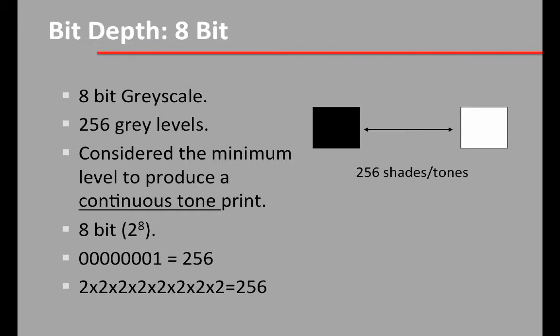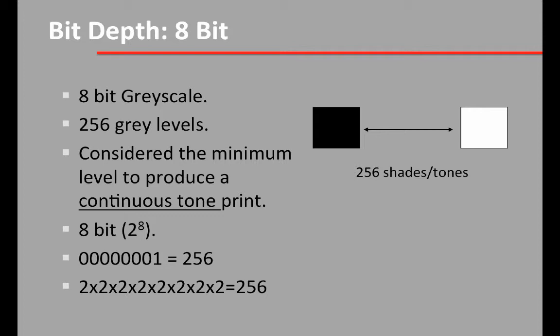Now that's because in the previous 2-bit image, we only had 4 different options. Well, now we have 8 bits of information, 8 lots of zeros and ones, and all the different combinations of 0, 0, 0, 0, 0, 0, 0, 1, 0, 0, 0, 0, 0, 1, 0. If you look at all those different combinations, there's actually 256 different combinations when you combine 0 and 1 with 8 numerals.